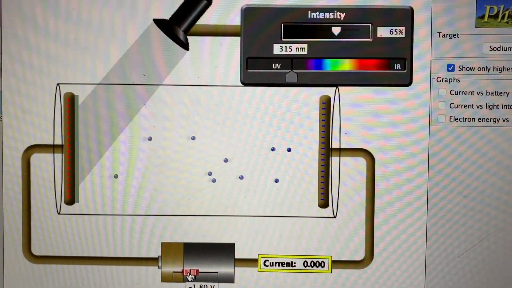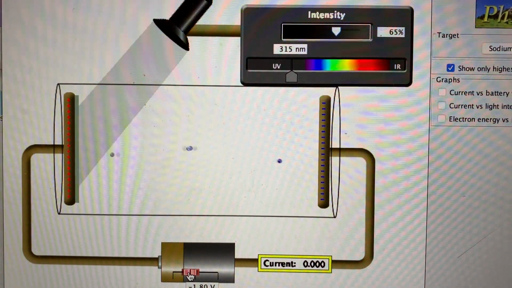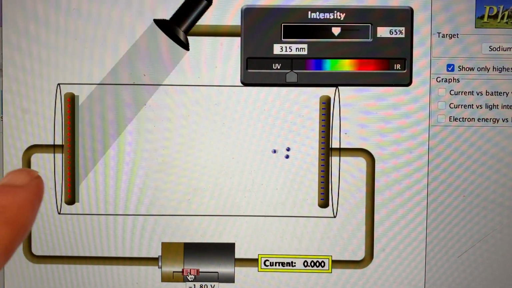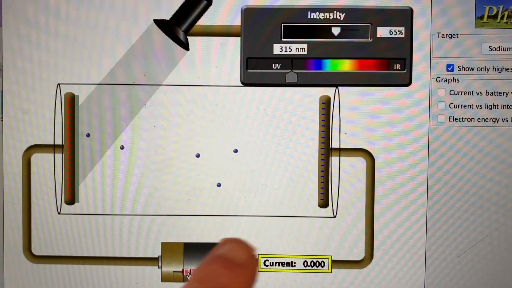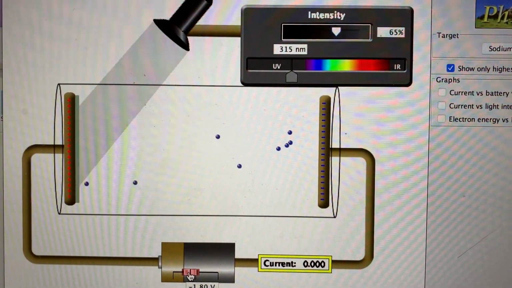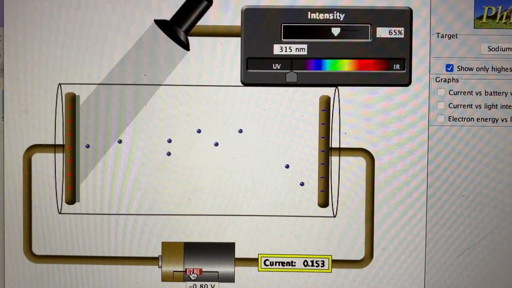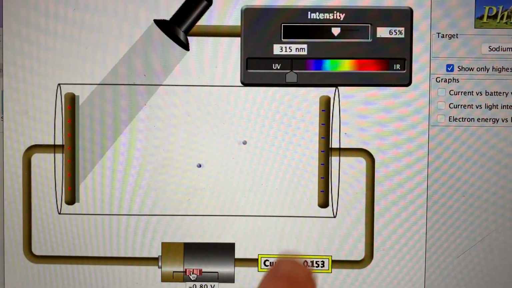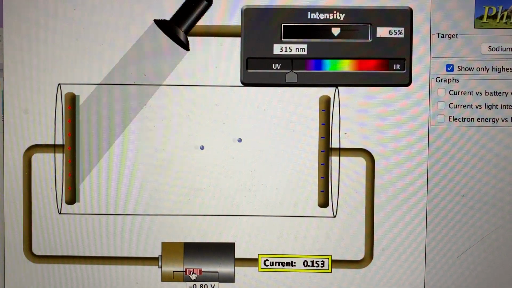That means I've got a stopping potential of 1.8 volts, or the electrons were coming off with an energy of 1.8 electron volts. Lower the voltage, and all of a sudden, some of the electrons start to make it over to the side, and I get a current on there.